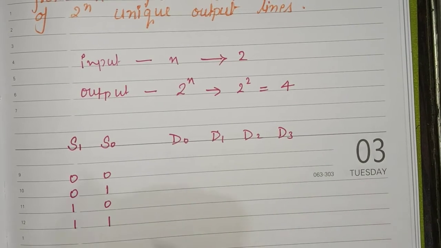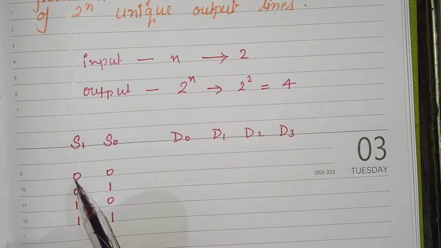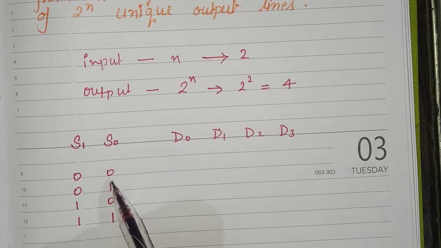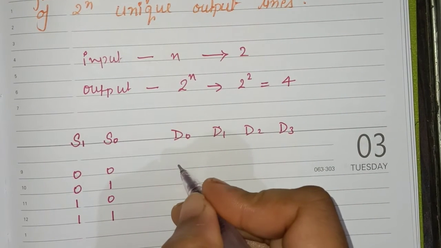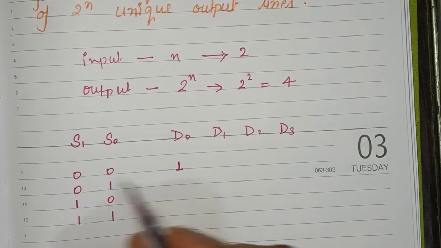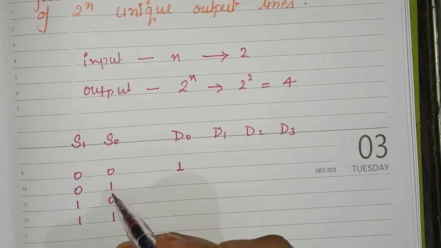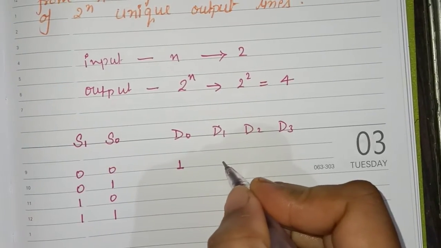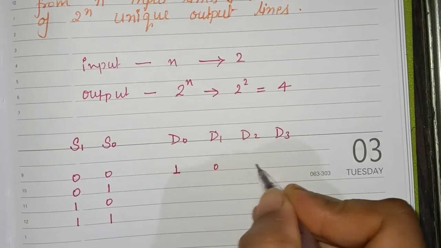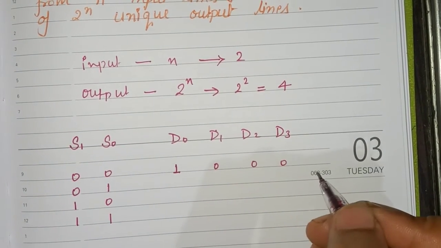After this, if the inputs are 0 0, decimal number 0 is the only one high, producing output D0. The rest of the outputs are 0 0 0.